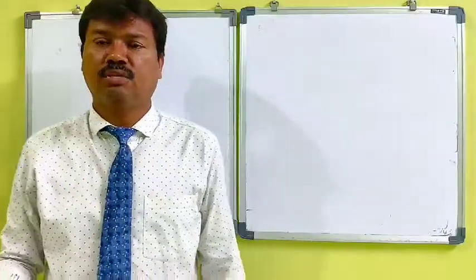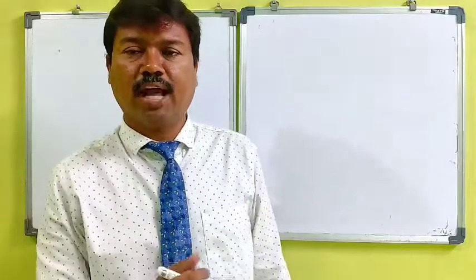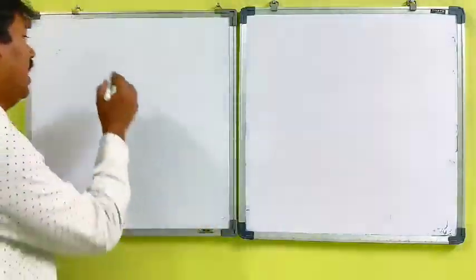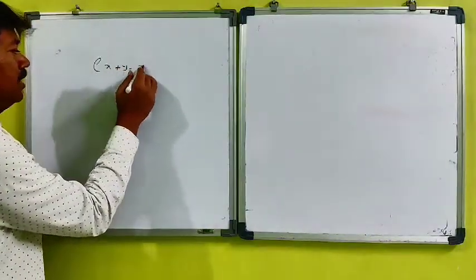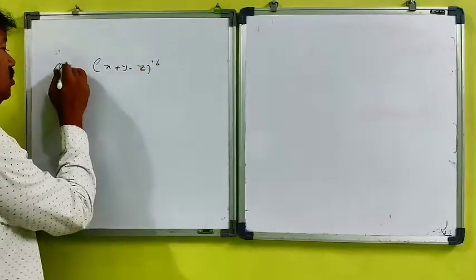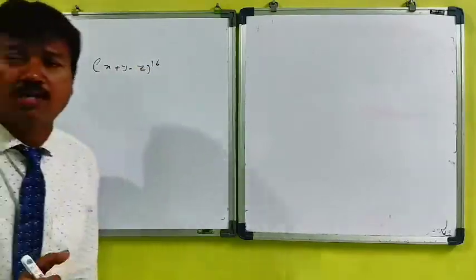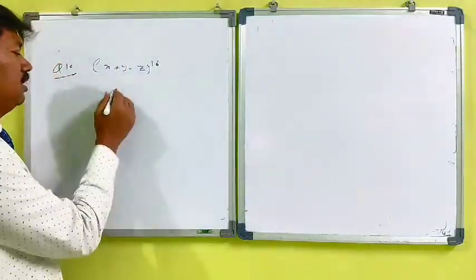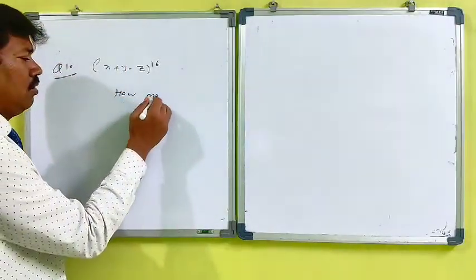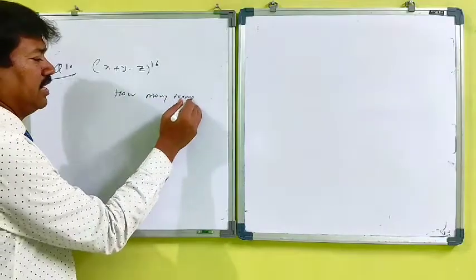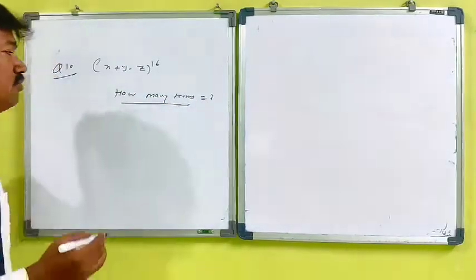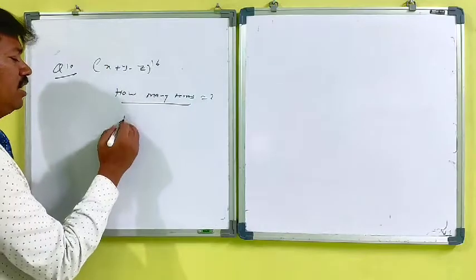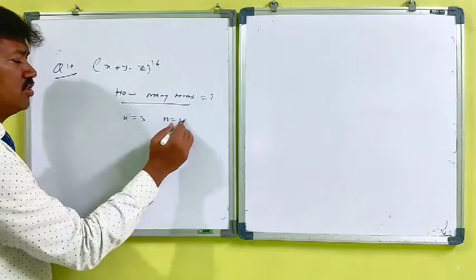There is one more question, number 12 in the general nucleus, of a similar type: x plus y minus z raised to 16. How many terms are there? Tell me, how will you do it? It is very simple. k is equal to 3, n is equal to 16.